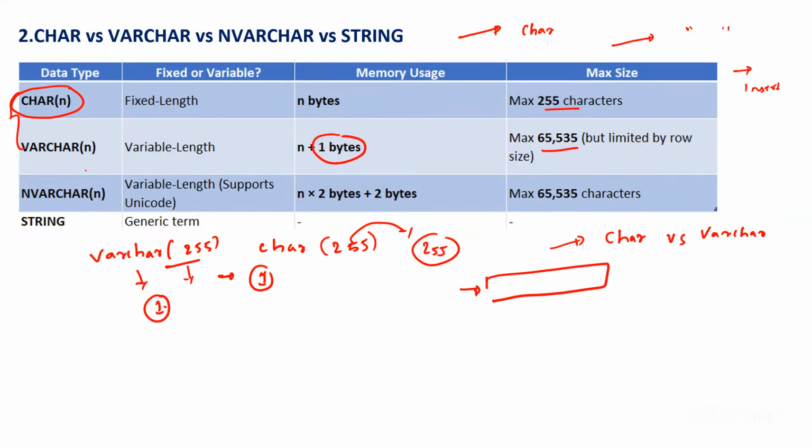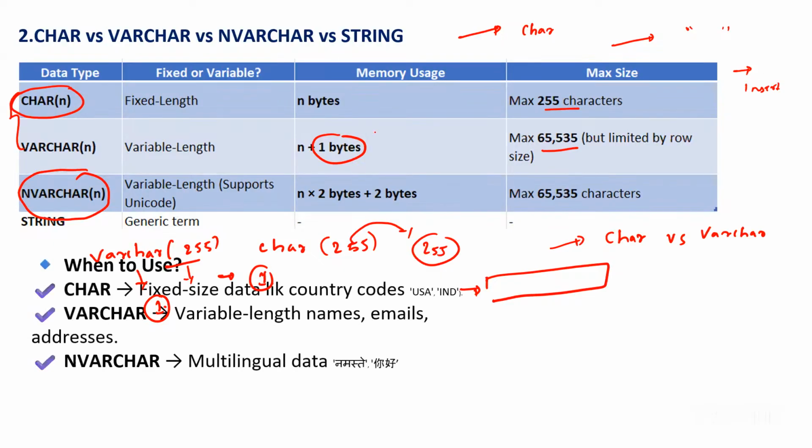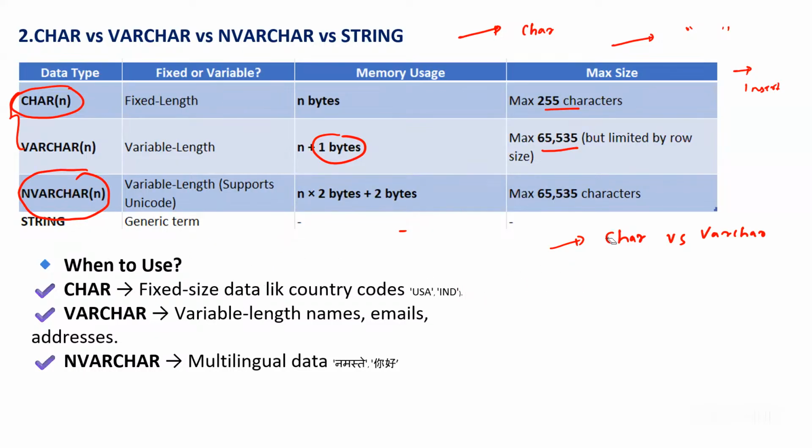Now, in some of the databases, there is something called nvarchar. What is this nvarchar? You are adding multilingual data. That is, you can add Chinese, Hindi, Kannada, Telugu, Tamil, any of the data that is coming inside your record.